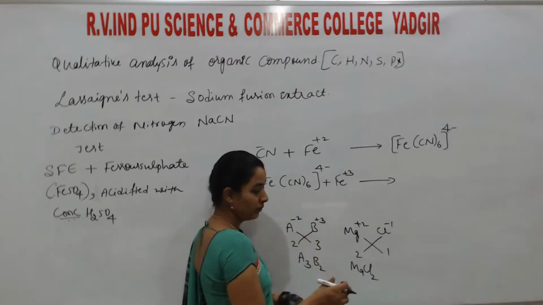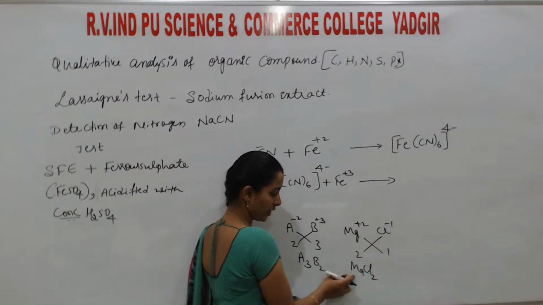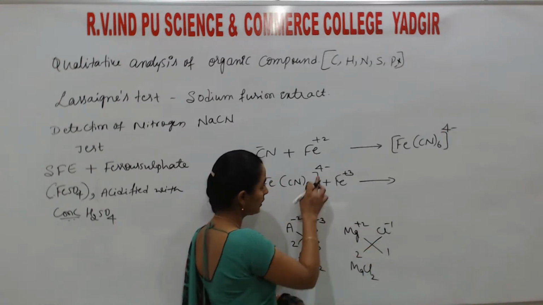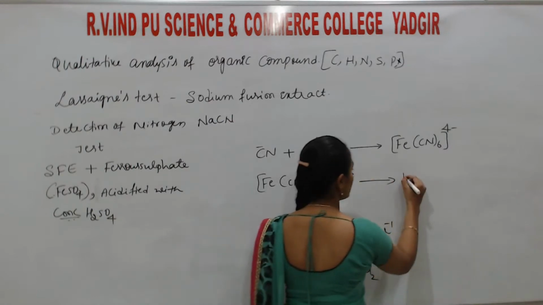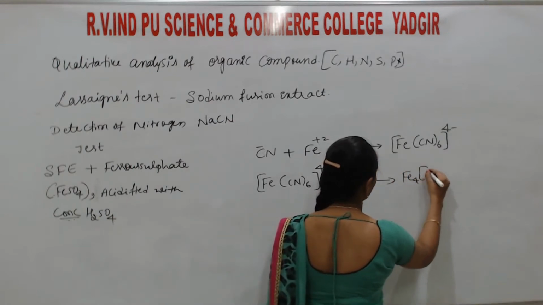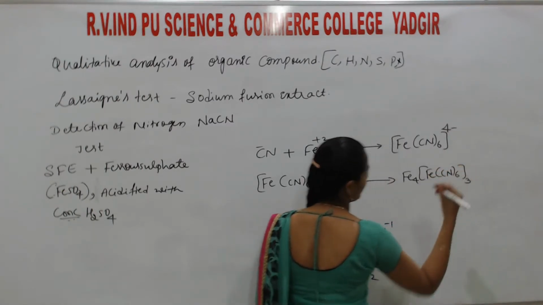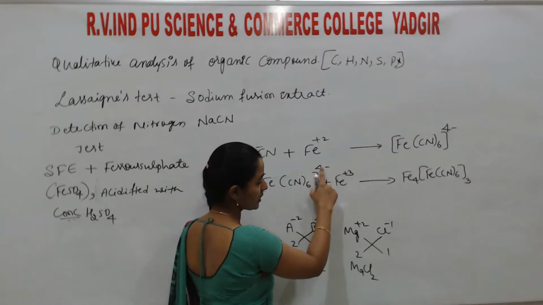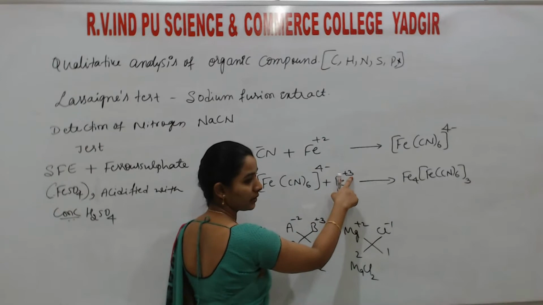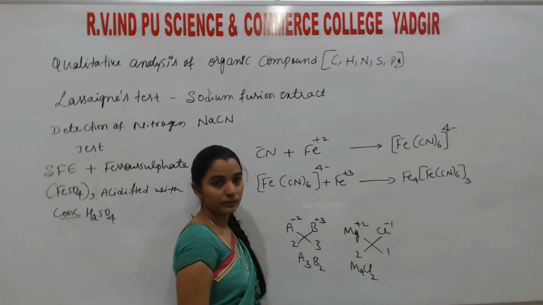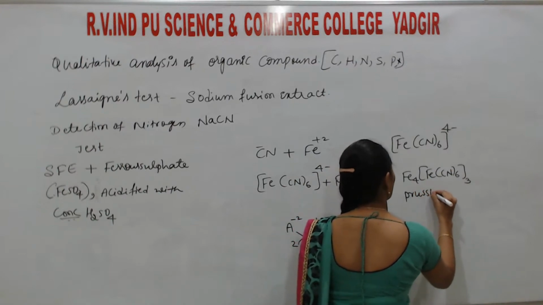By cross multiplying the valencies of the elements, we can get the formula. Here minus 4, here plus 3, so Fe4[Fe(CN)6]3. So this is Prussian blue color.